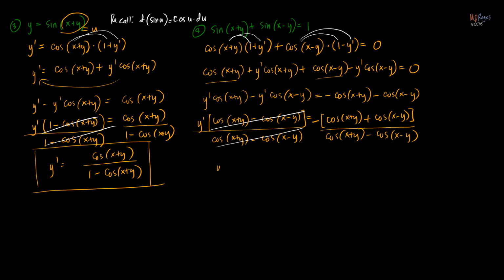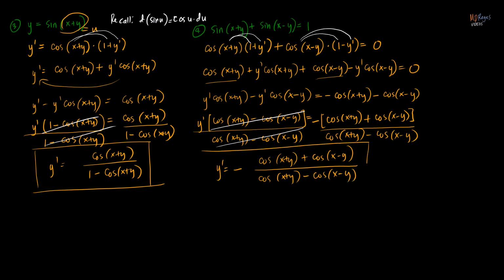And we'll get y prime equals negative of cosine of x plus y plus cosine of x minus y over cosine of x plus y minus cosine of x minus y. Now, this is the derivative of the function.